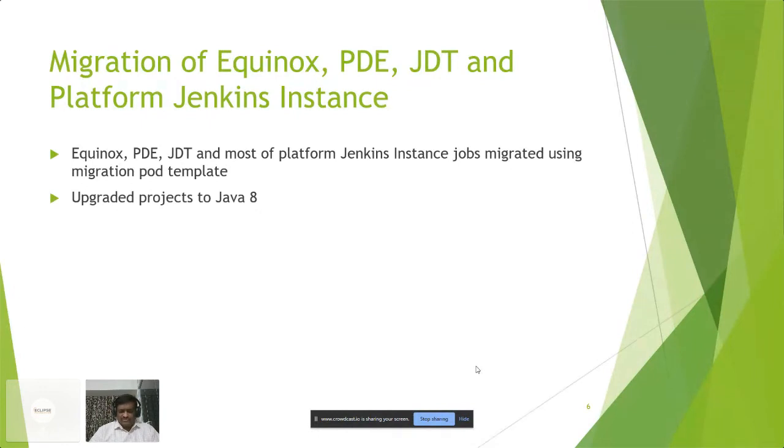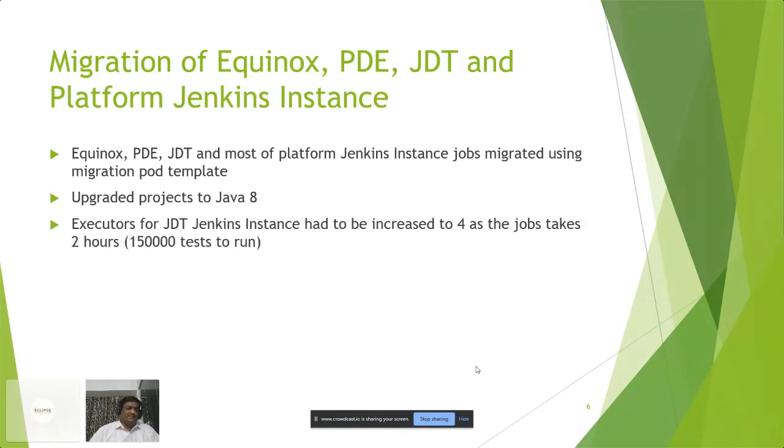The second thing we had to do is, because Java 6 and below are not optimized for containerized environments, we had to upgrade our projects to Java 8, so we upgraded them. Then executors for JDT had to be increased with sponsorship from IBM.